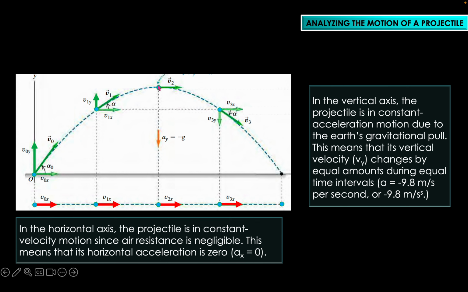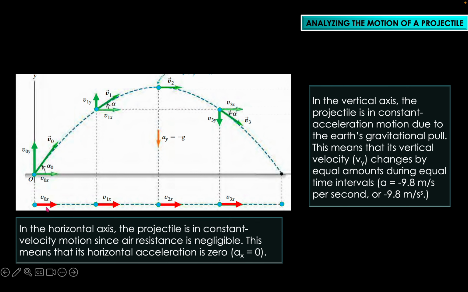So it will slow down until at the very top the vertical velocity becomes zero. So there's a momentary stop at the top of the trajectory, and then it goes back down. Going down, the vertical velocity increases, or the object speeds up because it favors the direction of gravitational pull. So going up, vertical velocity decreases, and going down, vertical velocity or v sub y increases. Okay, so that's the effect of gravity on an object.